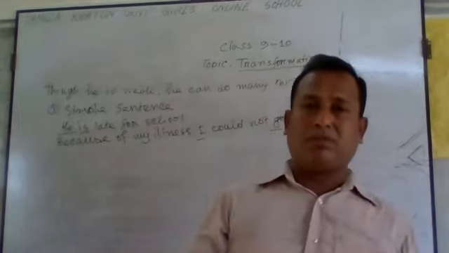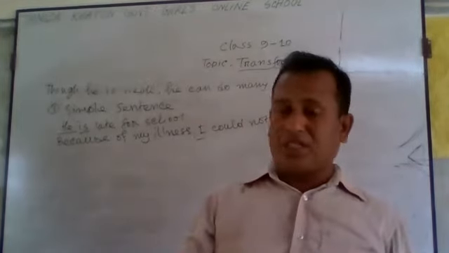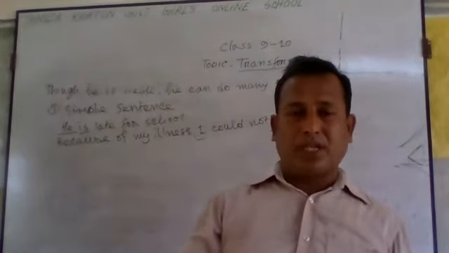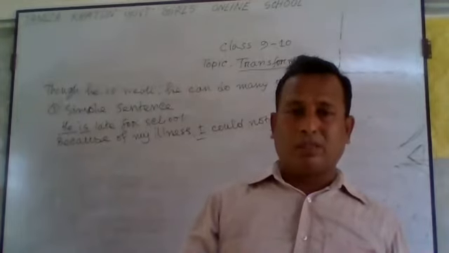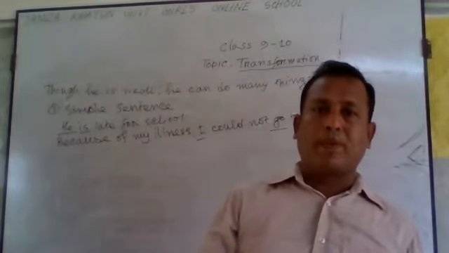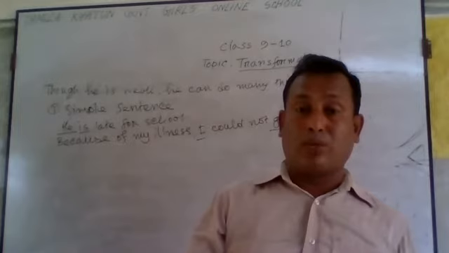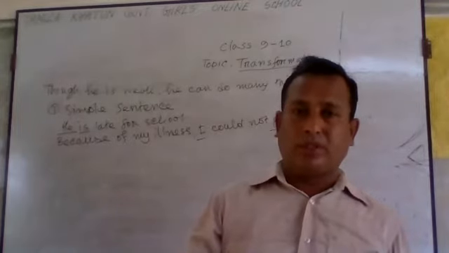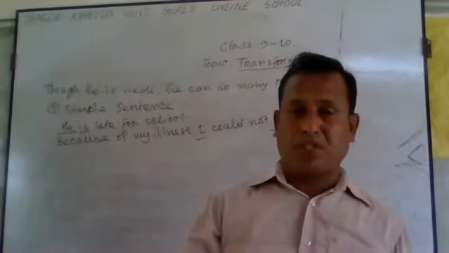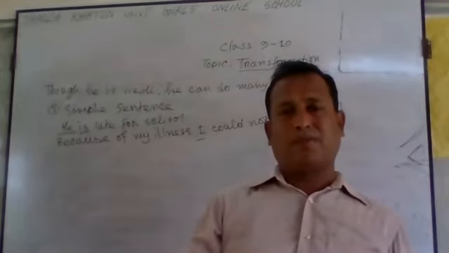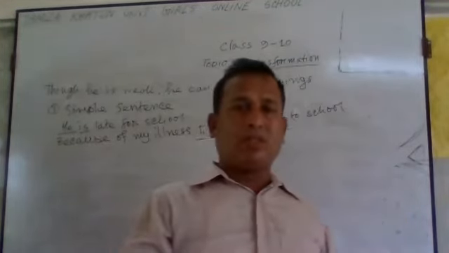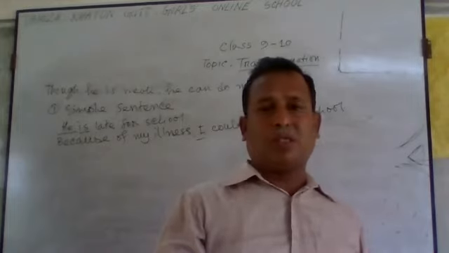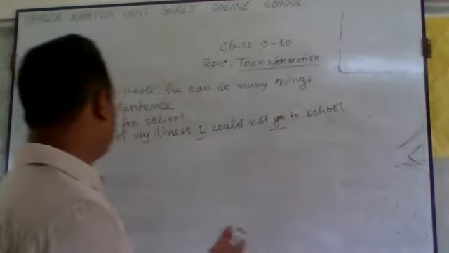I am repeating. The sentence which has one principal clause and one or more subordinate clauses, then it is the complex sentence. Okay. Now I am writing some examples of the complex sentence.